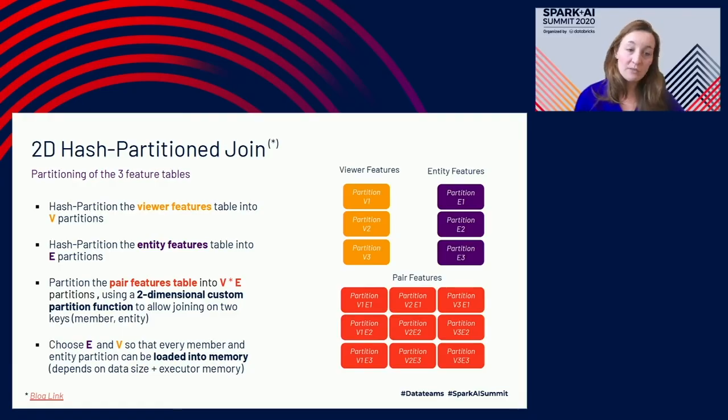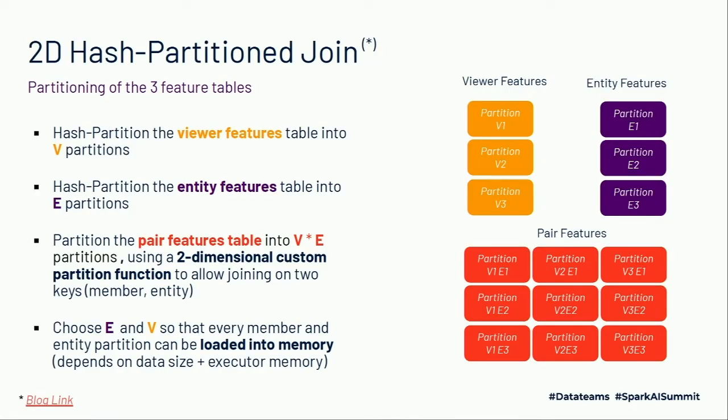We have developed a solution in collaboration with our Hadoop team at LinkedIn, which is the 2D hash partition join. The key idea behind the 2D hash partition join is to do a smart partitioning of the 3 features tables.